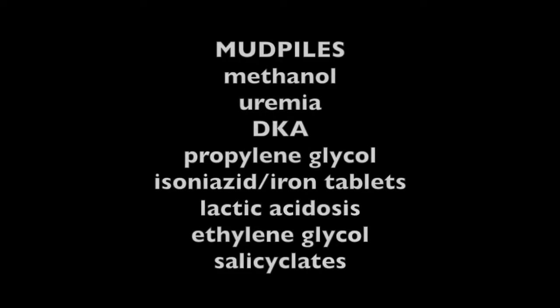Next is renal tubular acidosis. So remember when you have metabolic acidosis, the first thing you want to do is check the anion gap. Is this an anion gap metabolic acidosis or a non-anion gap metabolic acidosis? The anion gap, everyone knows the mnemonic, MUDPILES: methanol, uremia, DKA, propylene glycol, isoniazid, lactic acidosis, ethylene glycol, and salicylates.